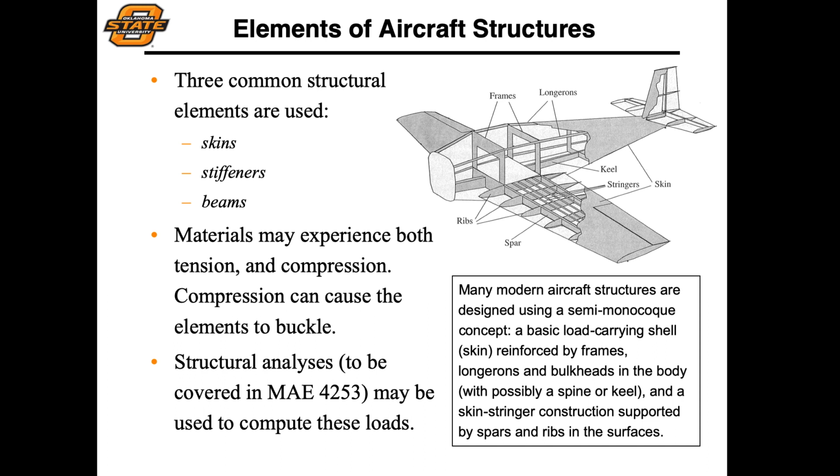So we'll utilize a lot of structural design and analytical approaches in 4253 in the fall to be able to go through a process of analyzing the loads and then designing around that.